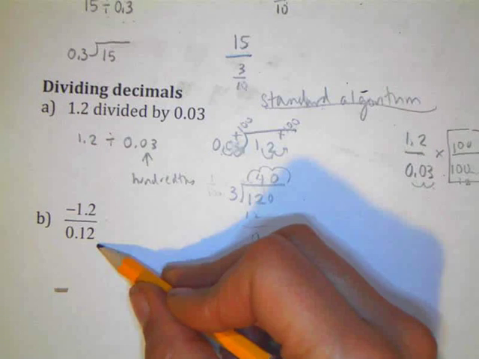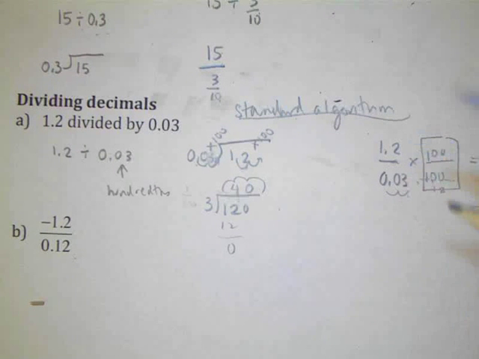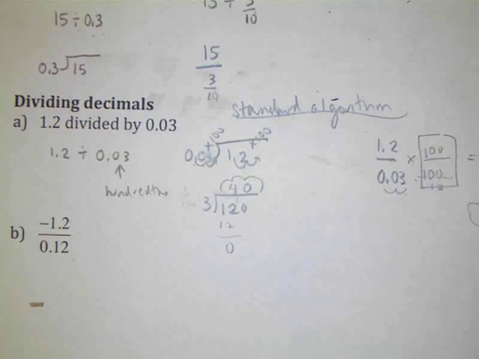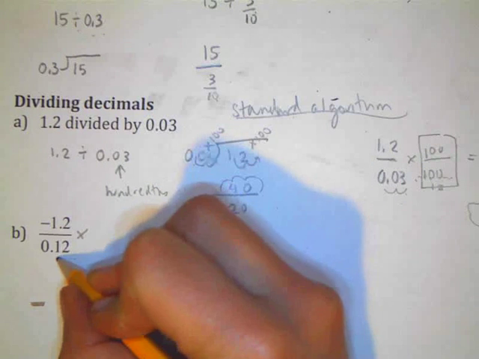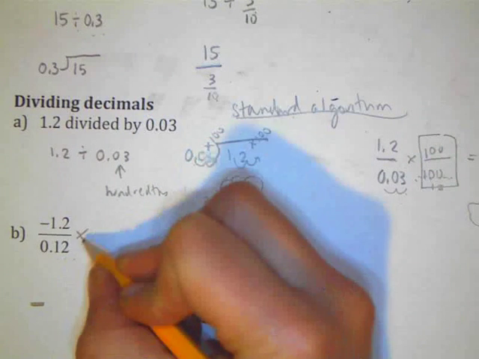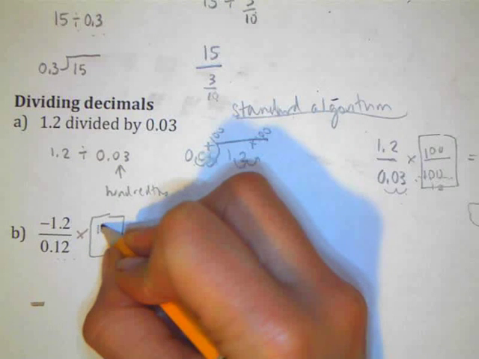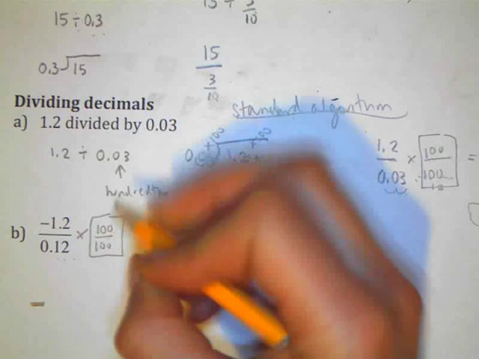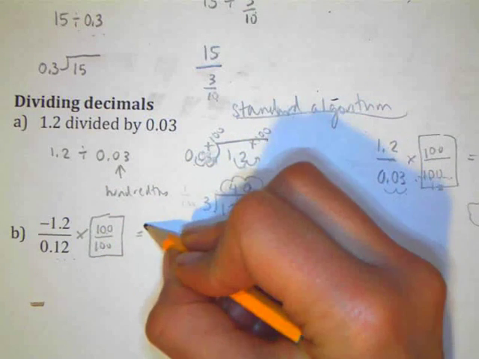Because it's already in this fashion, like the one over here, I'm going to go straight into multiplying by a giant 1. This is in the hundredths place, so I'm going to multiply by a giant 1 of 100. A negative times a positive is a negative.